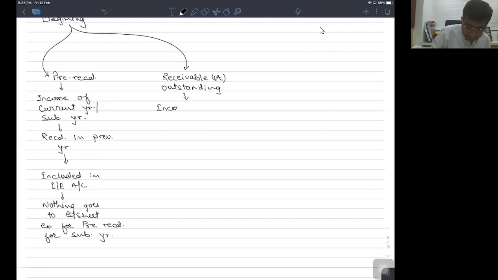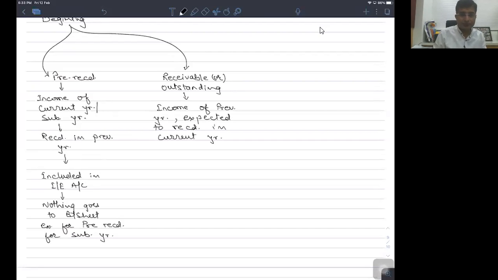Income of previous year expected to be received in current year.